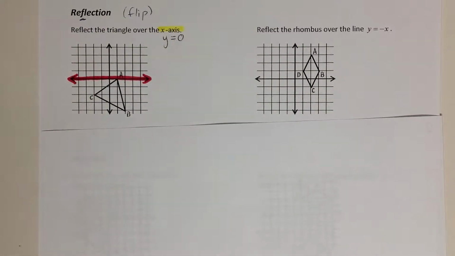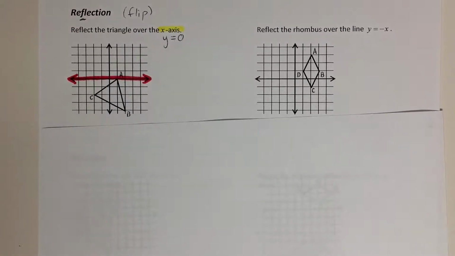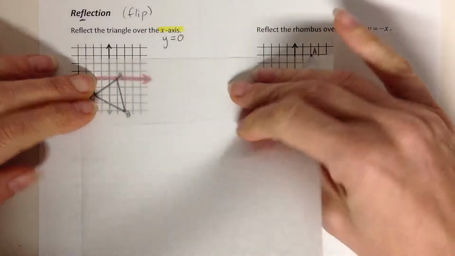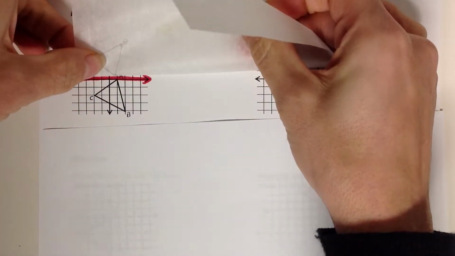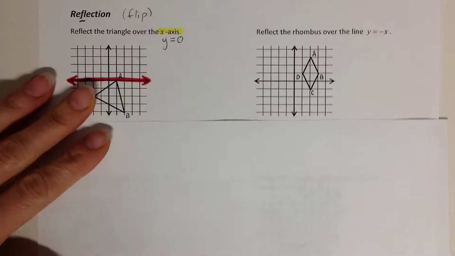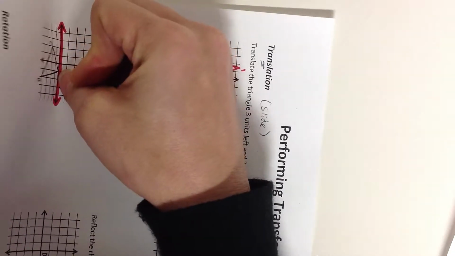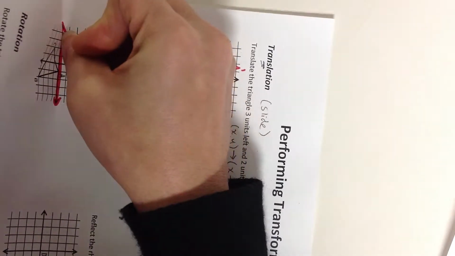And then I will literally take my paper. What a reflection is going to be is a flip or fold over that line, okay? But if you have a hard time seeing it, I want you to really take your paper, stick your fingernail in the crease of that line and make a super careful fold.